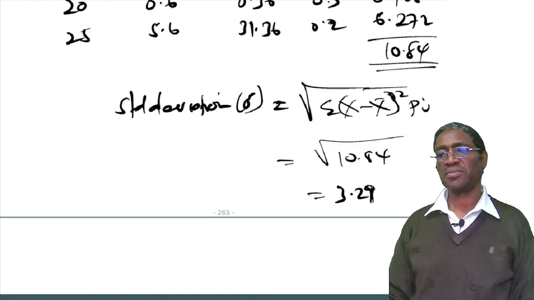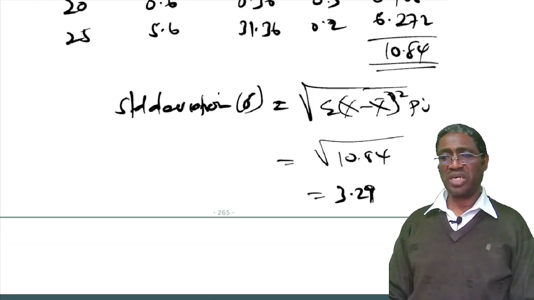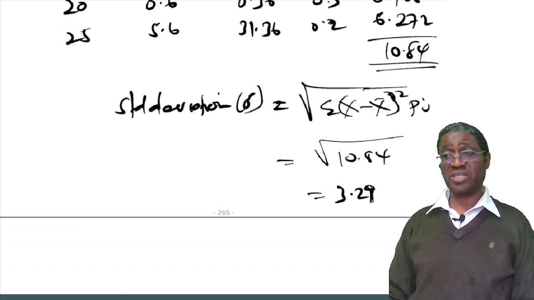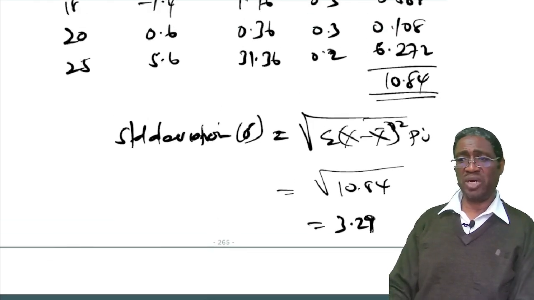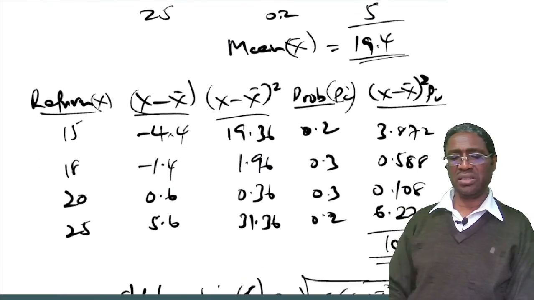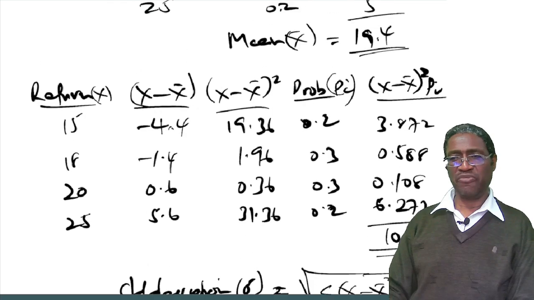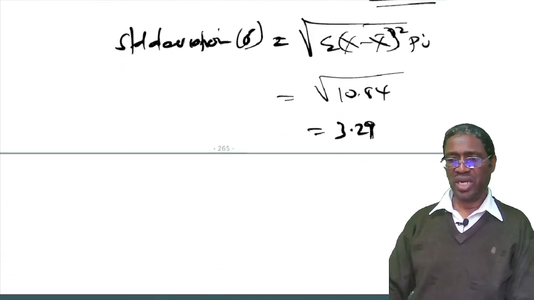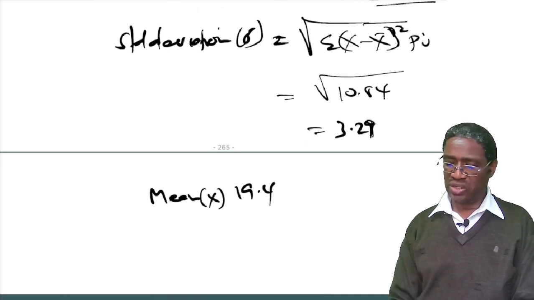Okay. Now listen. For example, this investment we have just done had a mean return of 19.4. That was X bar.